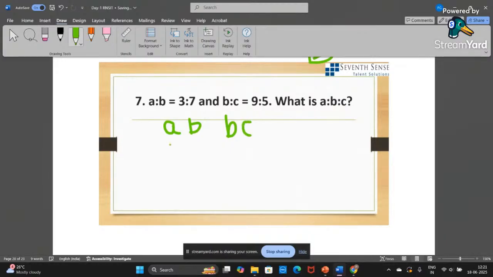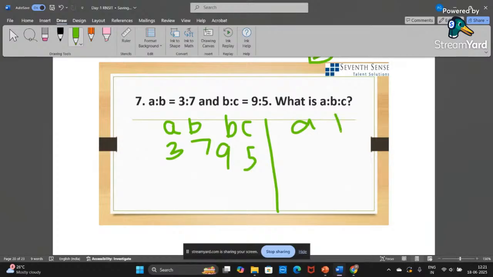See, for A to B, we have values of 3 and 7. And for B to C, we have values of 9 and 5. See, for A, we have a single value. For C, we have a single value. But for B, we have two values. But we need the ratio in the form of A to B to C.